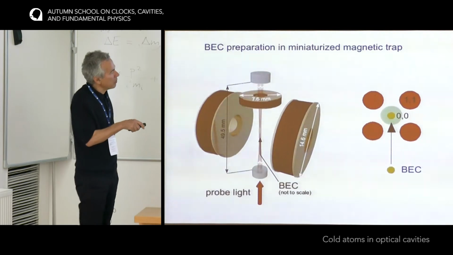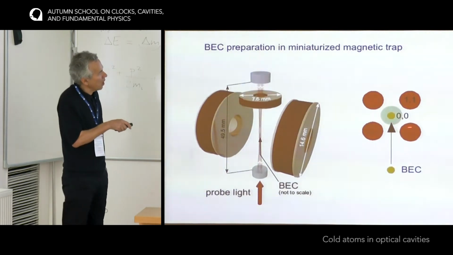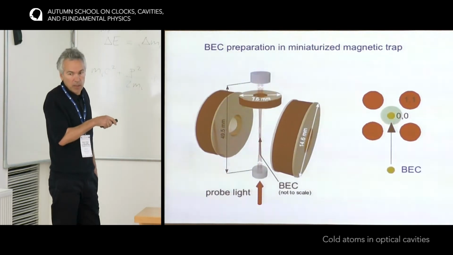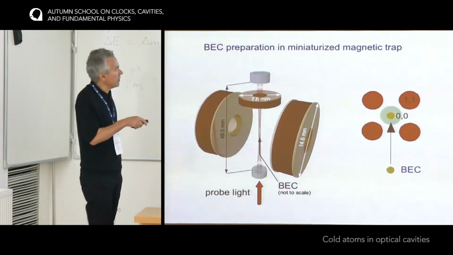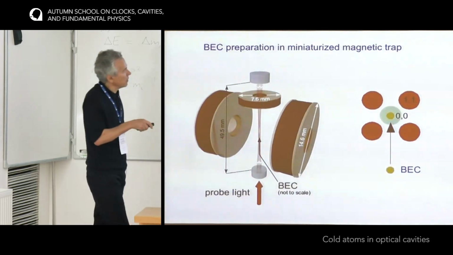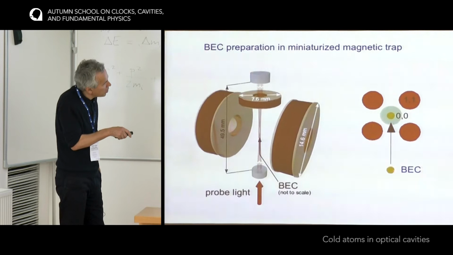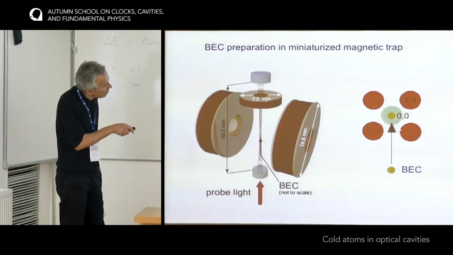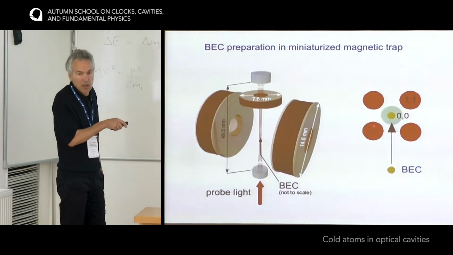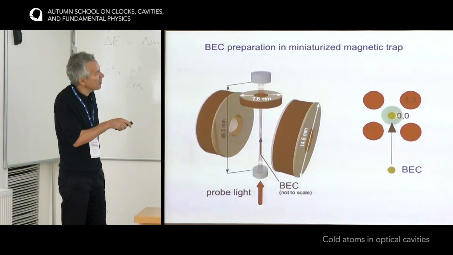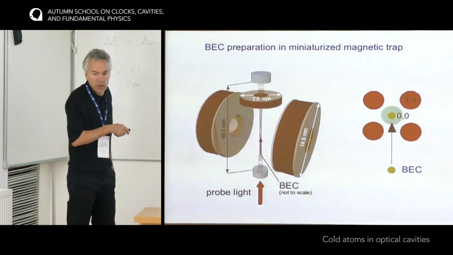We can do that without disturbing the lock of the cavity, which has to be very stable and should not be disturbed by pushing the BEC right in between the lobes of the 1-1 mode, right into the center of the 0-0 mode.